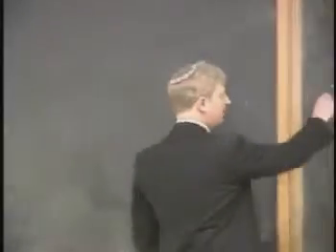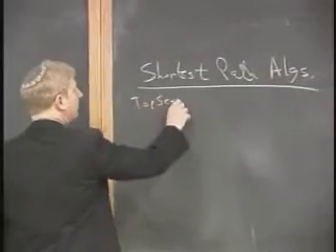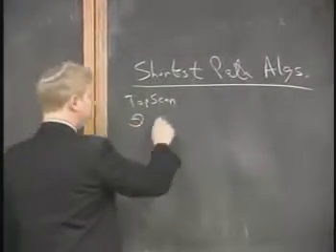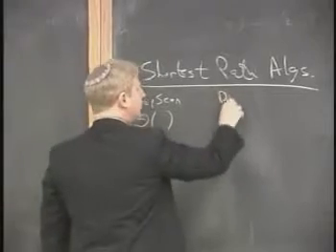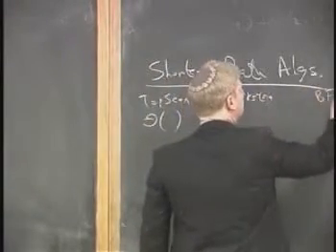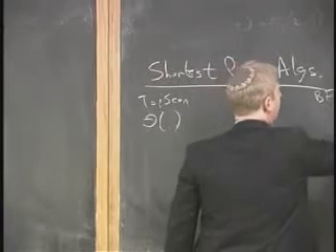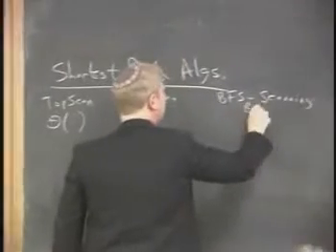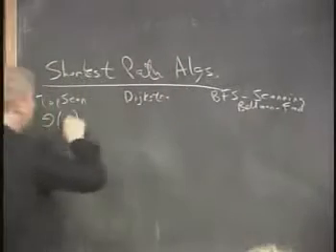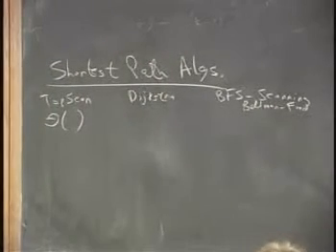So the topological scanning one, who remembers? How long does that take? I'll let you think. Dijkstra and breadth first search scanning, equivalent to Bellman-Ford. How many steps does this take, topological scanning?